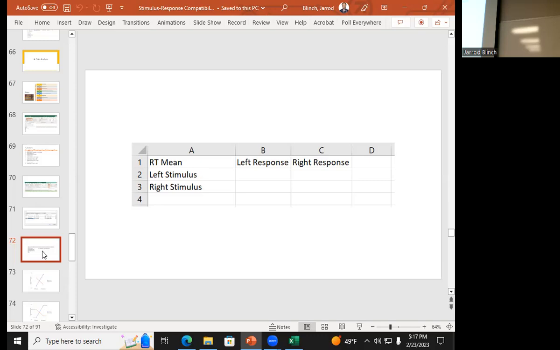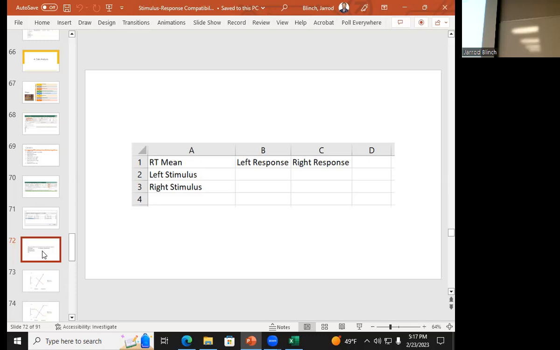We've got a left response, a right response, a left stimulus, a right stimulus. We want to complete this 2 by 2 table. Left stimulus is 1, right stimulus is 2, left response is 1, right response is 2.